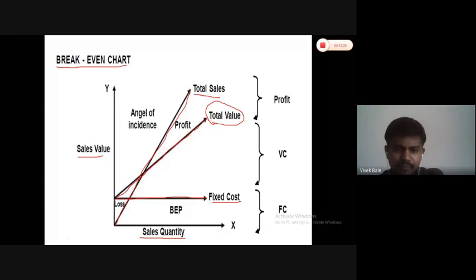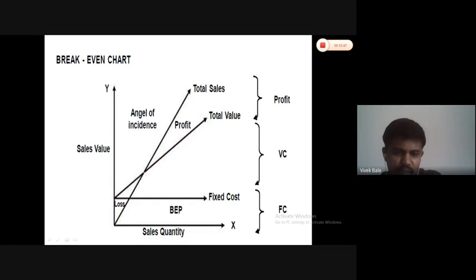So here, as fixed cost is fixed and total revenue or the total value is indicated by this line, this line is indicating the total sales. So fixed cost plus this variable expenses line. So these are the lines, and this is the intersection point. Here you can see this is the intersection point.